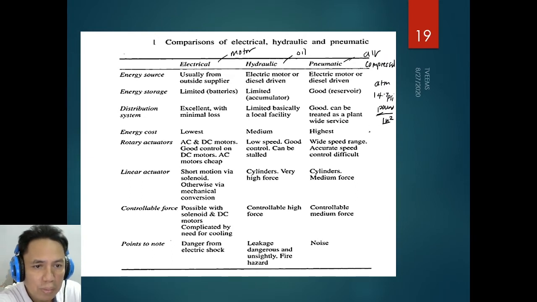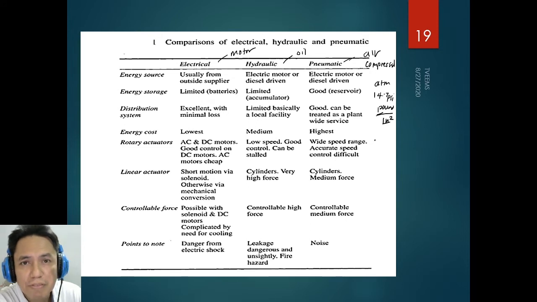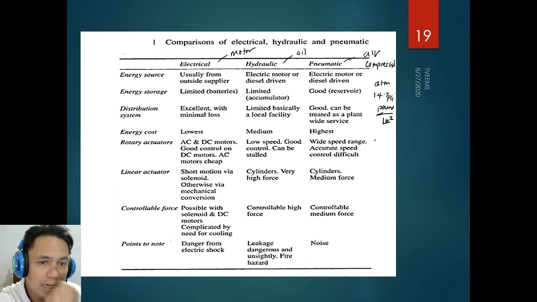And we don't feel that pressure much because 14.7 is very manageable. If you want to feel the pressure of air, you go to the vulcanizing shop, where there is a pressure for refilling the air pressure in the tire, and you can adjust the pressure as you want.